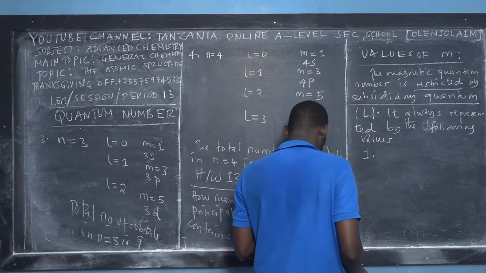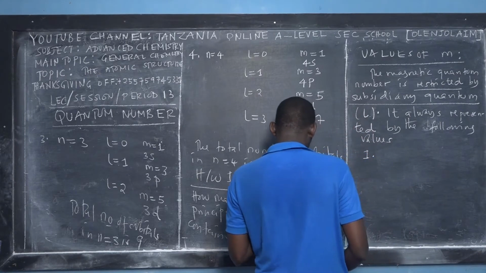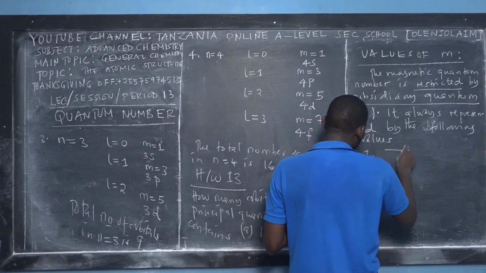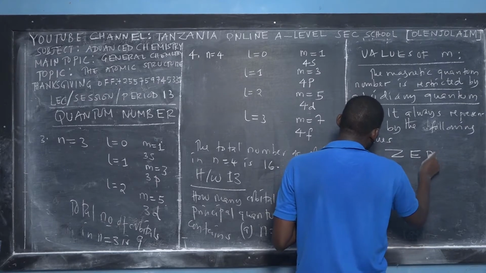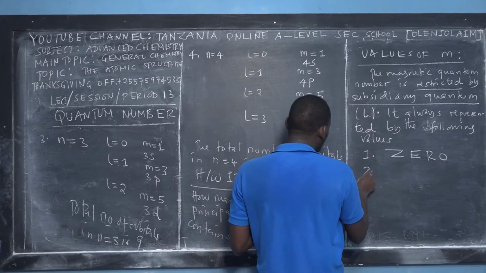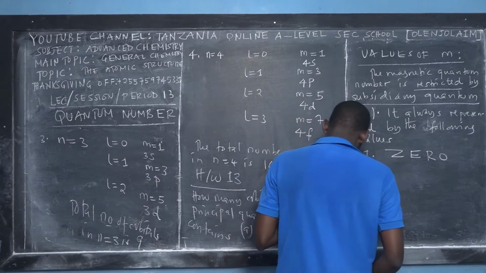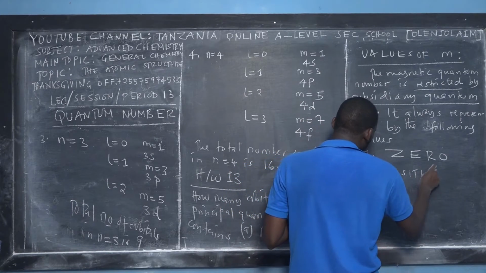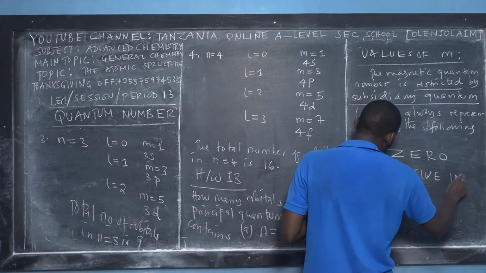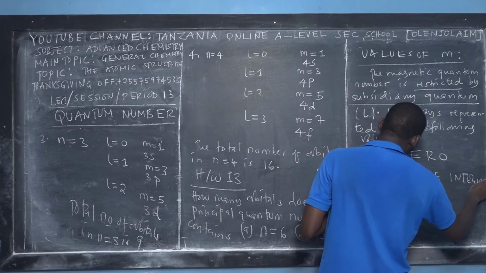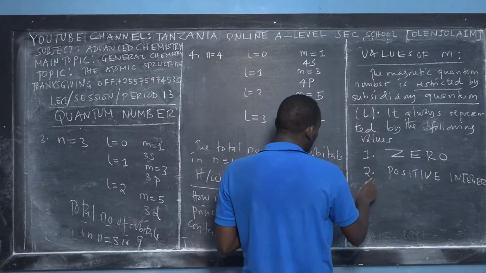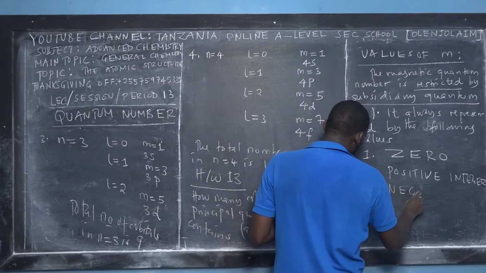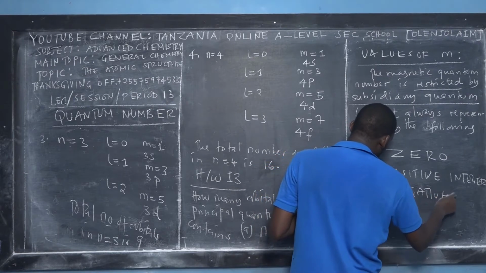The first one is represented by what? By 0. It may be represented by 0, and also by positive integers, and also we may represent the magnetic quantum number by negative integers.